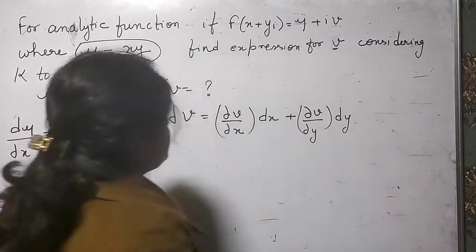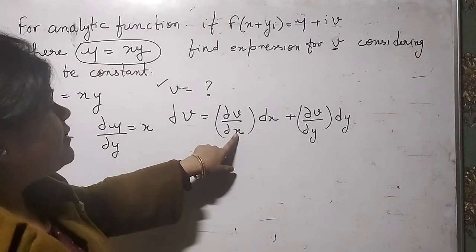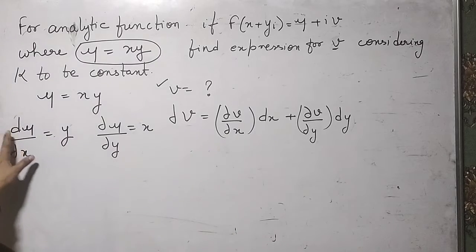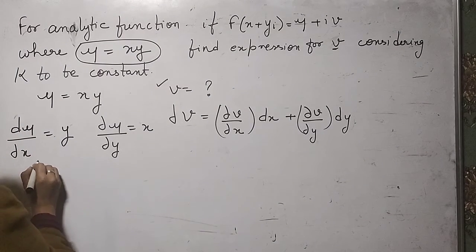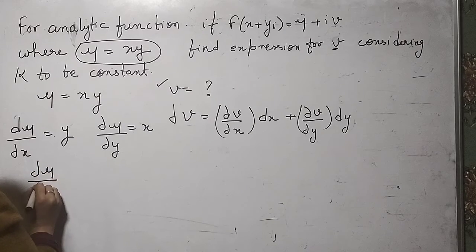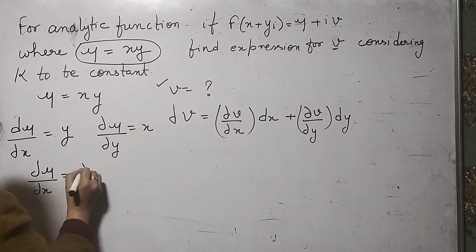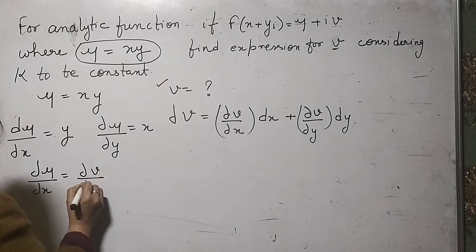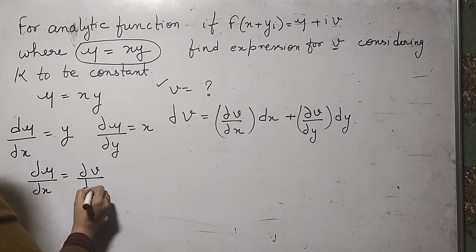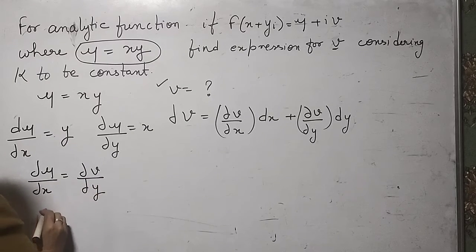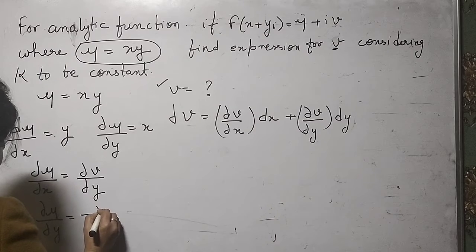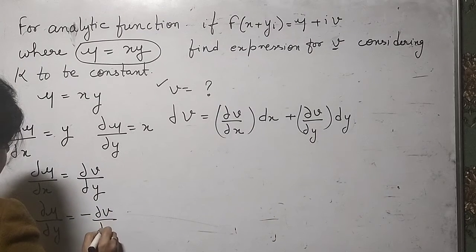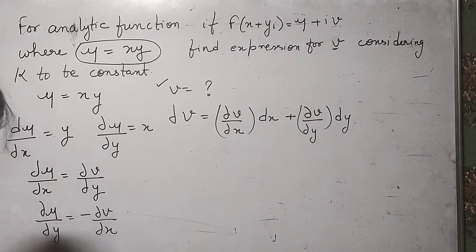We have this expression. But here we don't have the value of dv by dx. We have the values for du by dx. Now according to our theorem, we know du over dx is equal to dv over dy. Similarly, du over dy is equal to minus of dv over dx. Clear?